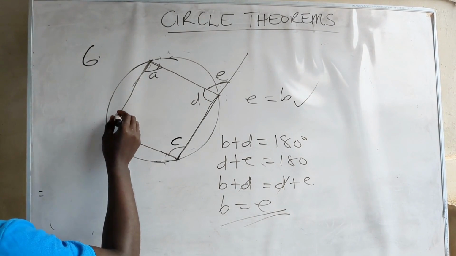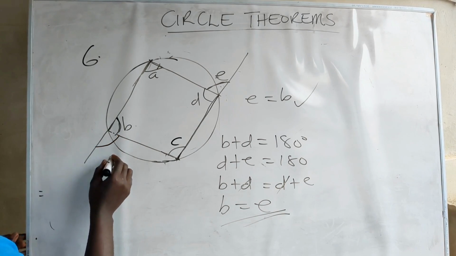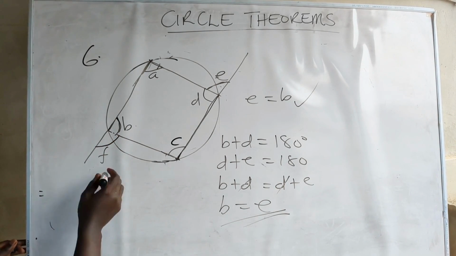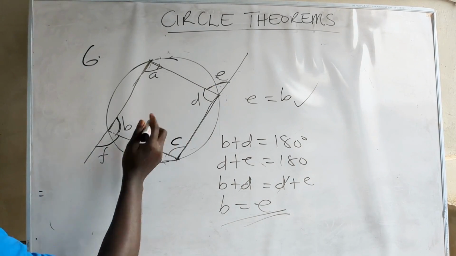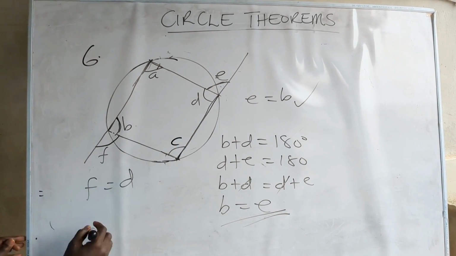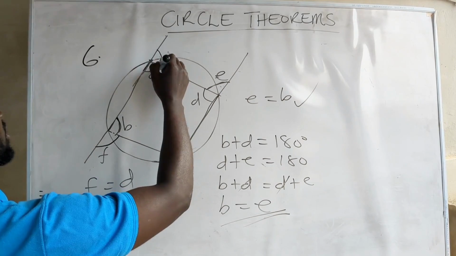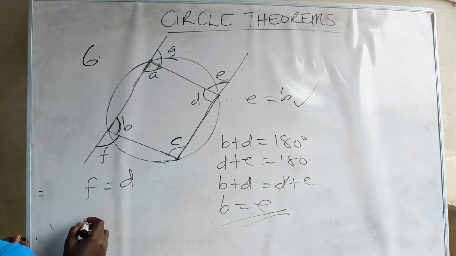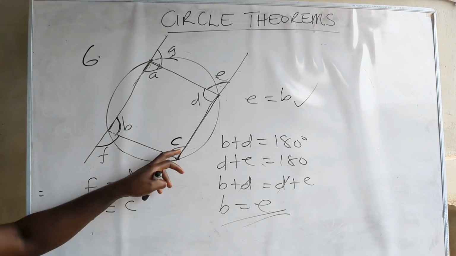Let's say I extend this and I call it F. The exterior angle here will be equal to the opposite interior angle, so F is going to be equal to the D. Alright, let's assume that I extend this one also, and this one is J. The exterior angle here is going to be equal to the opposite interior, so my J is going to be equal to the C here.